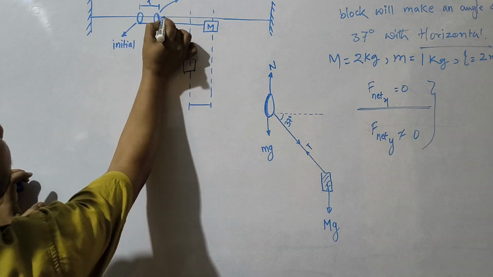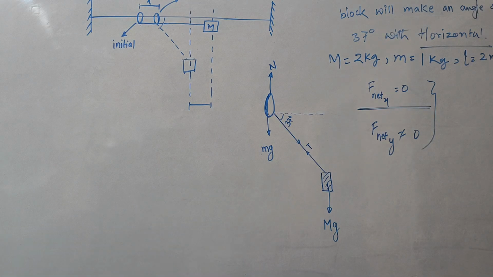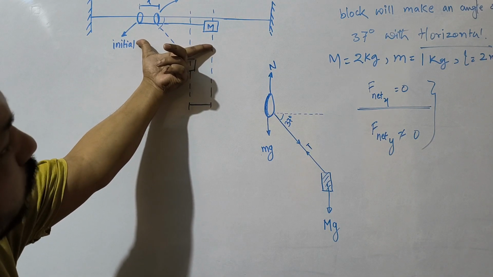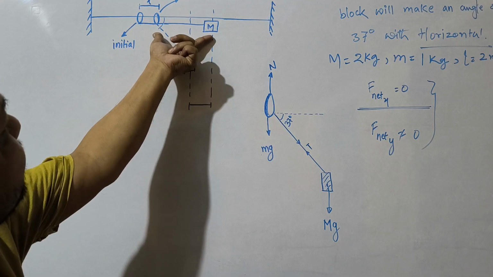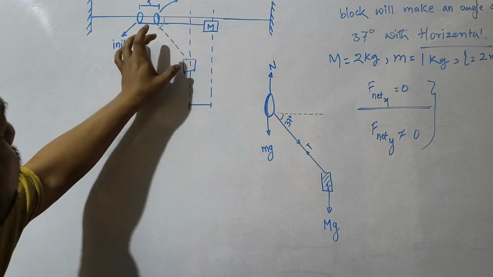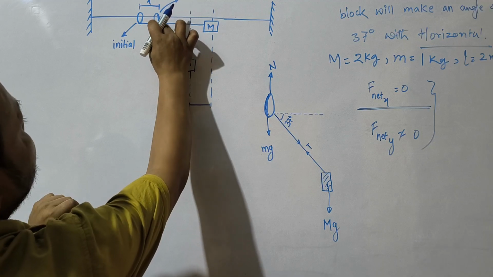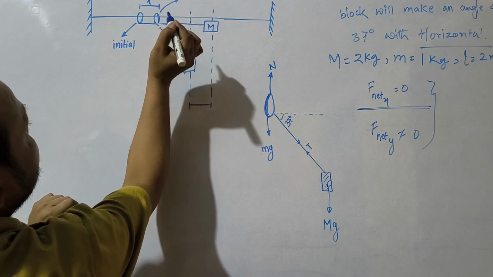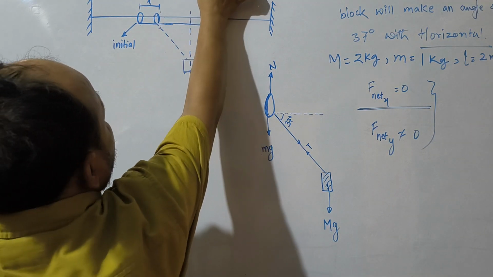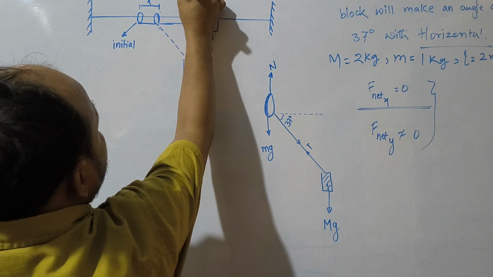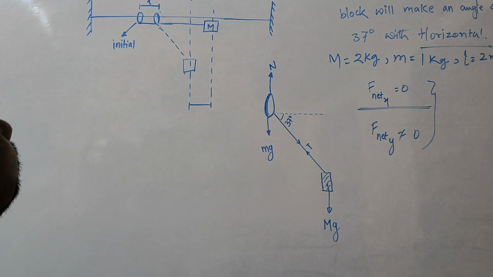Okay, this angle is 37. So see, this is x, the total length is 2 meter, so it is 2 minus x. What will be the value of this length?